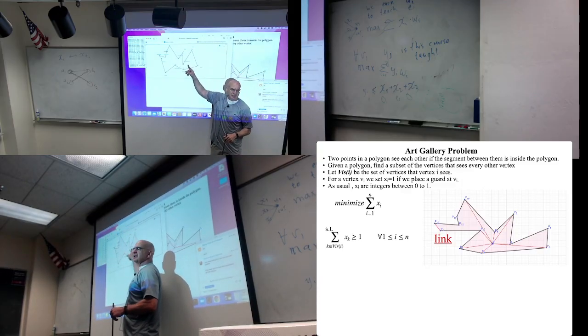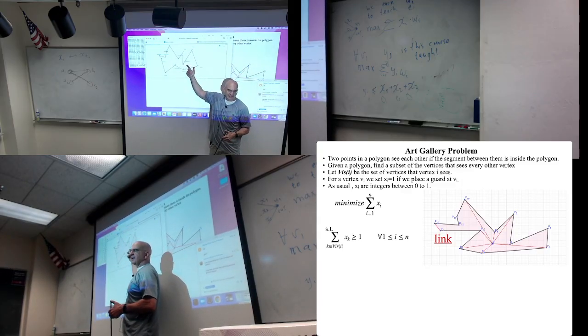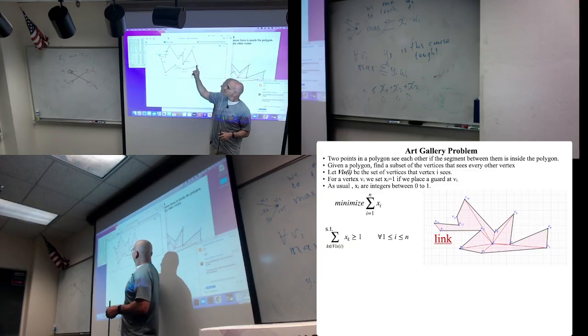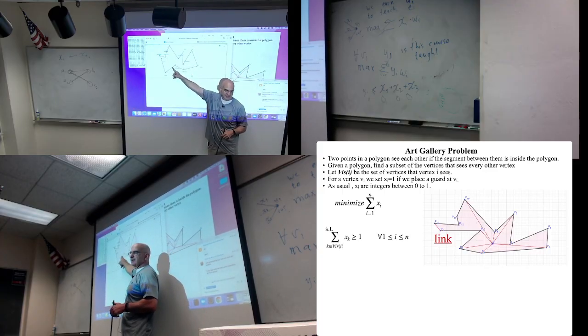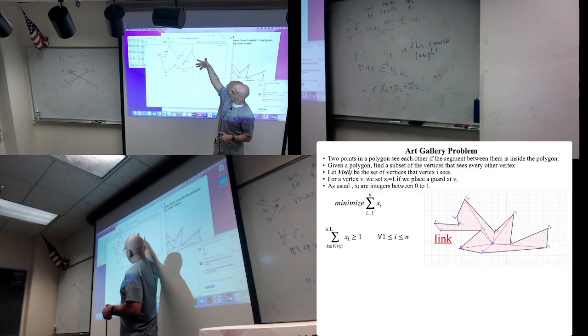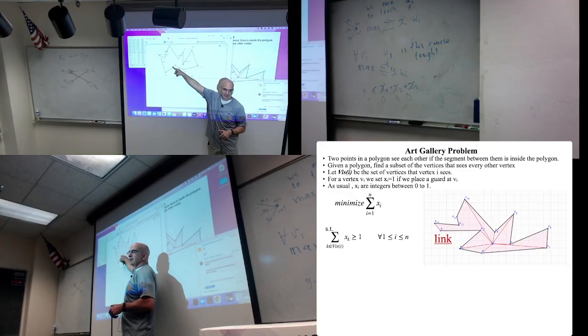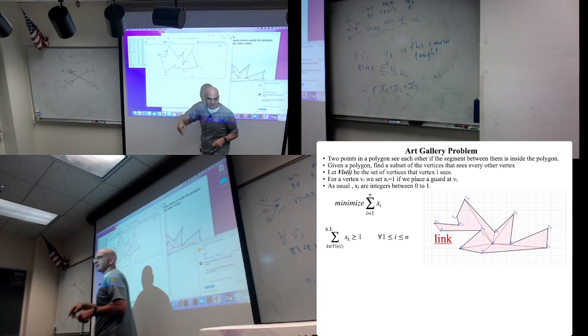My candidate locations here will be just the vertices of the polygon. So I can place a camera in this simple example just at a vertex of the polygon. But the polygon has lots of vertices, and I want to make sure that each one of the vertices is observed by at least one camera. There is one camera that watches it.